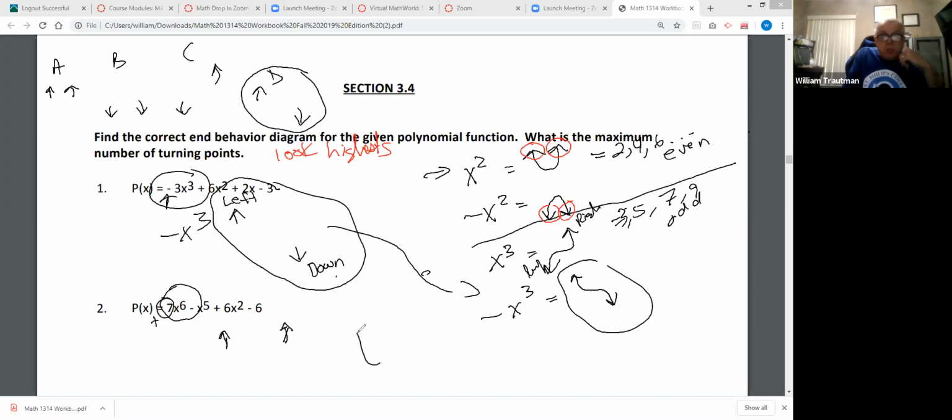It's some kind of a parabola. When it has an x to the 6 power, sometimes it does different shapes, like it might look like this. But for an even power with a positive in front of it, the end behavior is both ends going up. And that's what they're asking here. What is the correct end behavior?